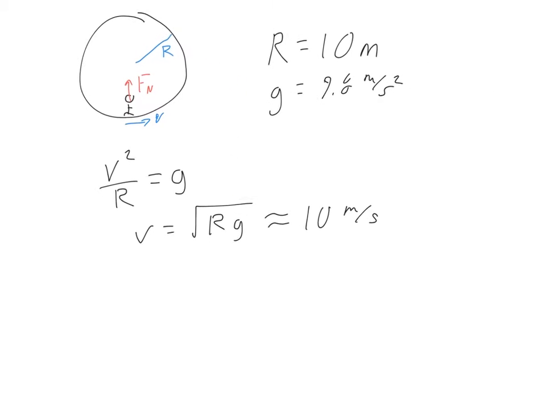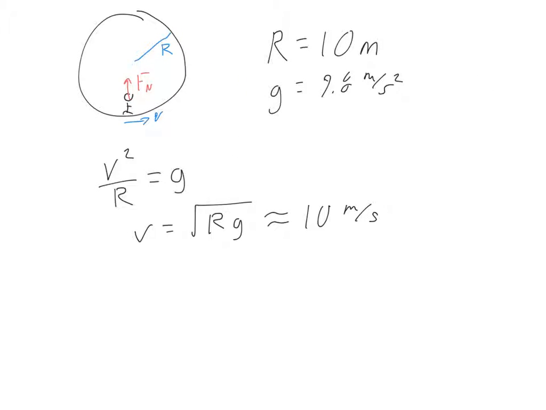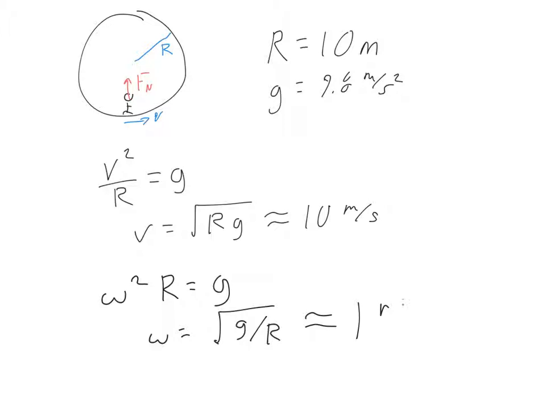On the other hand, of course, if we want to do this in terms of angular velocities, so omega squared r equals g, and so our angular speed will be the square root of g divided by r, and so we'll get an angular speed of around 1 radian per second. And in this case, we can see that the larger the radius is, the smaller our angular speed needs to be.